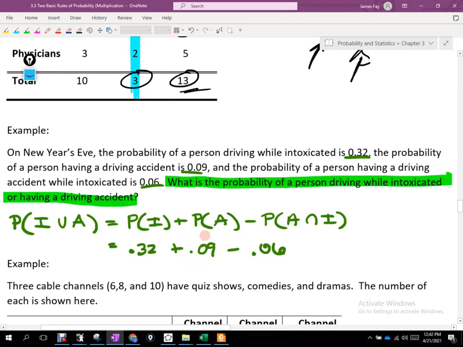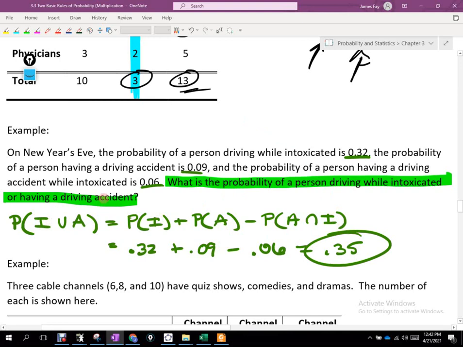Does that make sense? If I do that now, 32 plus 9 minus 6, that's 0.35. So there's a 35% chance that a person was intoxicated or in an accident on New Year's Eve.